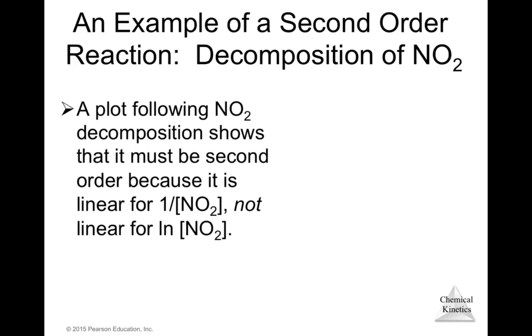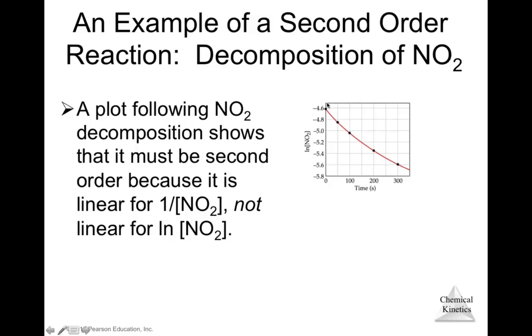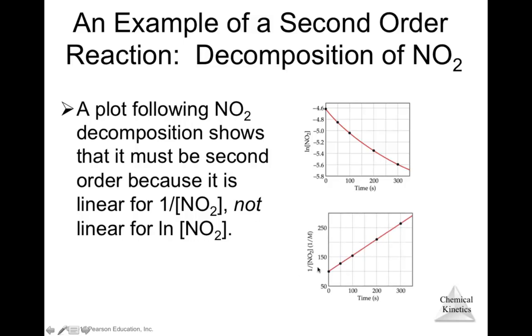An example of a second order reaction is the decomposition of NO2. If we plot time versus the natural logarithm of the concentration, we don't get a line, we get a curve. But if we use the inverse, then we have the line, and in the same way, the slope is the rate constant for this second order reaction.